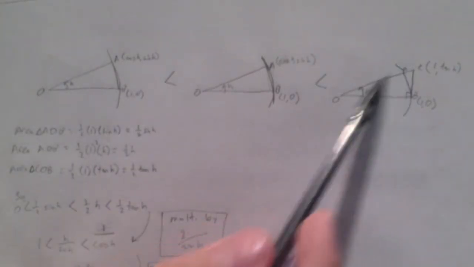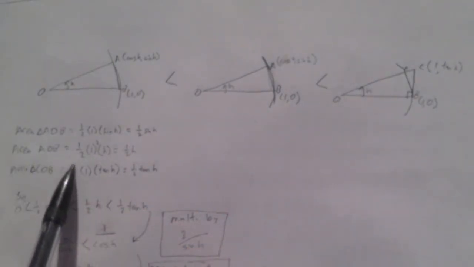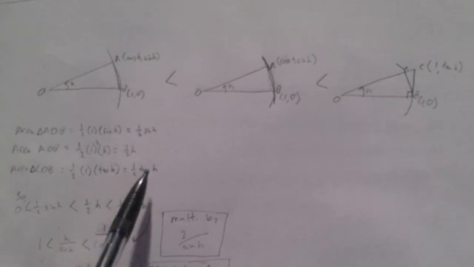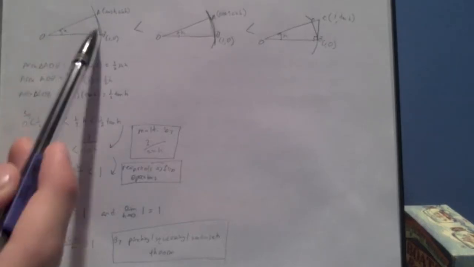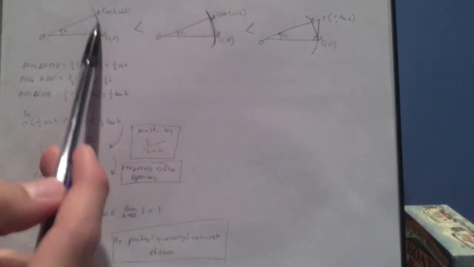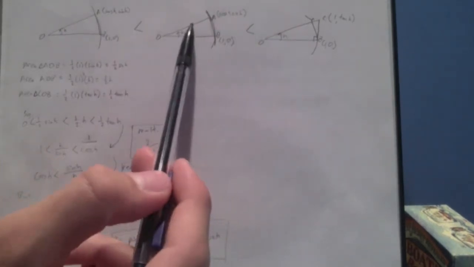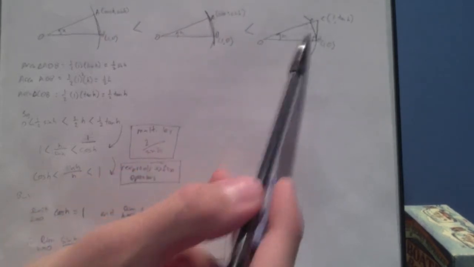And the area of this triangle, COB, is 1/2 base times height, so 1/2 times 1 times tangent h, or just 1/2 tangent h. Now, we know that this little area here is less than this one, because this is essentially this with that little sliver added in, and this is bigger than this one because this is just this with that little area there added in.